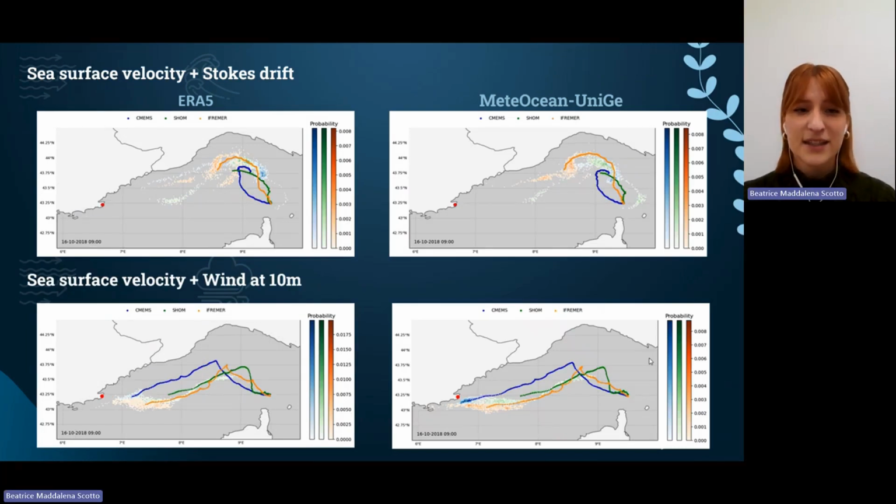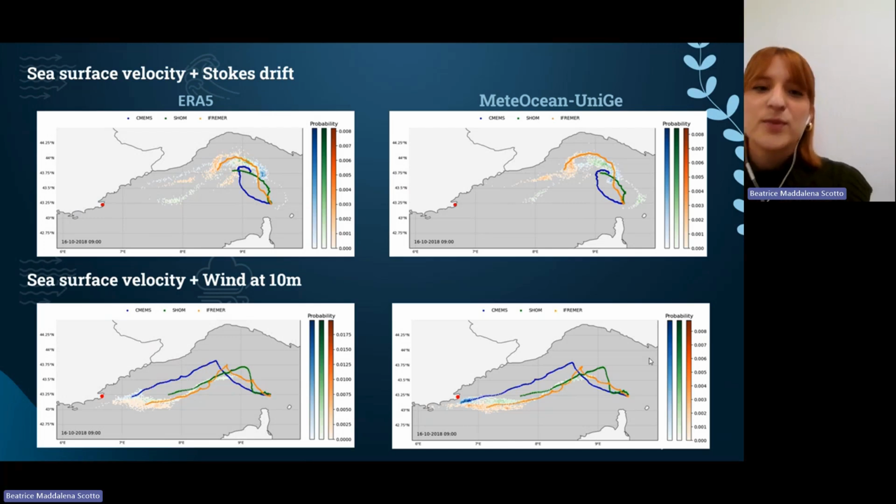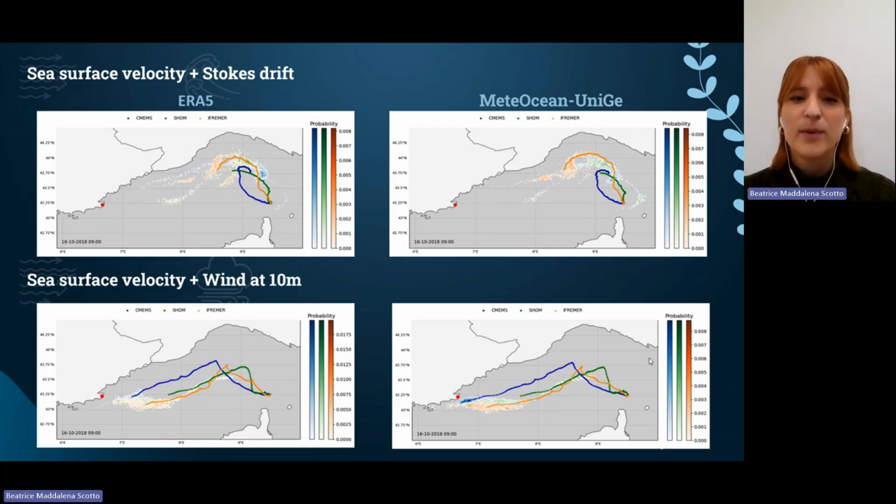Here, while testing different combinations of output, we were curious to see also the output considering, for example, only the Stokes drift or only the wind effect. On the top panel, you can see the combination of sea surface velocity with the Stokes drift. But here, as we can see, we didn't have a quite good result.